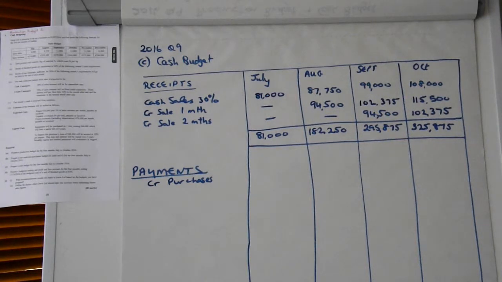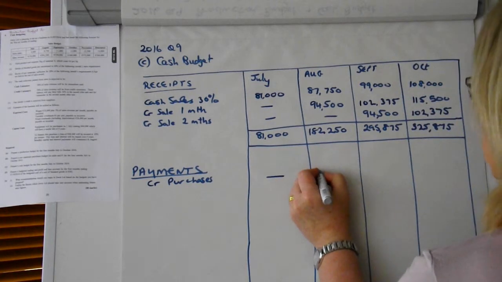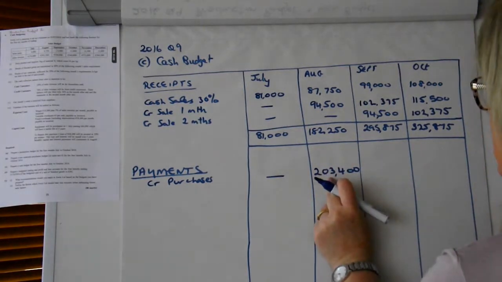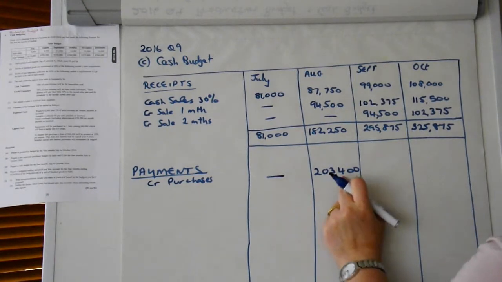So very simply then, on our purchases side, we take the figure that we had from Part B for July, which was 203,400, and allowing 1 month's credit on that, it will be August when we pay for that, so 203,400. So that's coming from Part B. My July purchases figure from Part B is paid for in August.